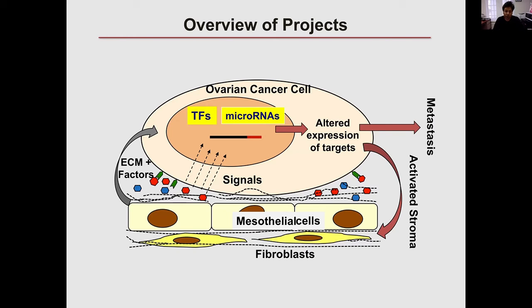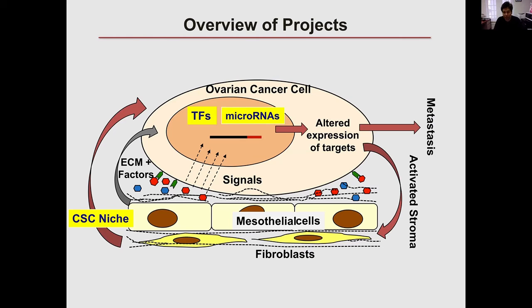And in the third project, we study how this activated stroma, mainly cancer-associated fibroblasts, in the tumor microenvironment then can serve as a cancer stem cell niche for these cancer cells to then establish the metastases, and these cancer stem cells can also lead to chemoresistance as they survive the conventional chemotherapy regimens and then cause relapse of the tumor.